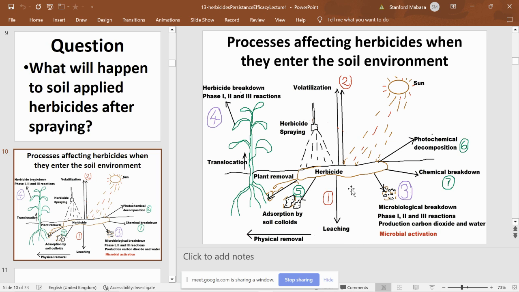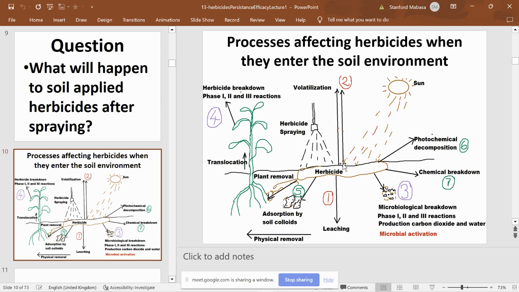So some of these things are: number 1, the herbicide can be lost through leaching. It can travel downwards in the soil, depending on its physical characteristics. Number 2, it can simply be lost in the atmosphere.